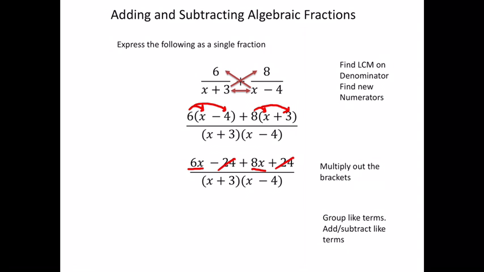It's important to note here that we only multiply out and expand the numerator. We do not multiply out the denominator, so it is common practice not to expand the denominator unless we're told to do so. So we leave it in the form of x plus 3 times x minus 4.